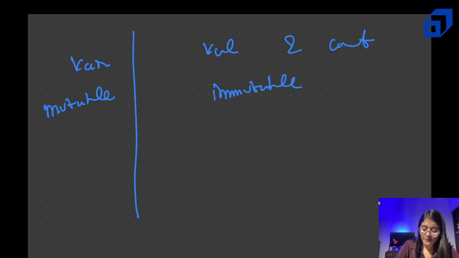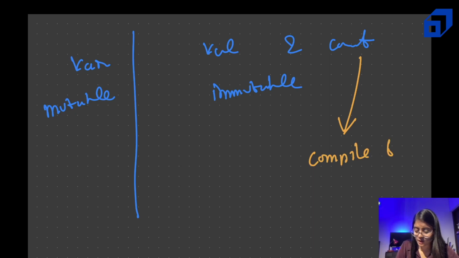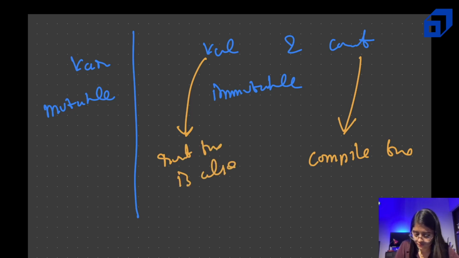But the difference between them is that the value of the const variable must be declared at compile time. In case of val, it can be done during runtime as well. Runtime is also fine, right?